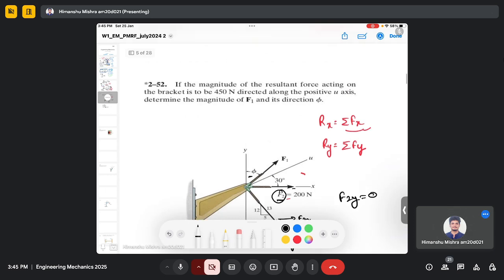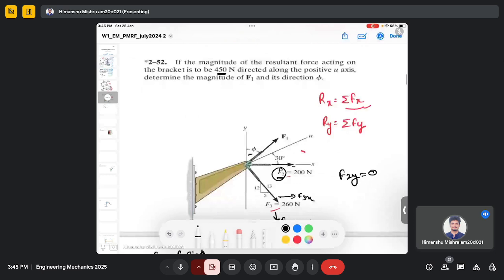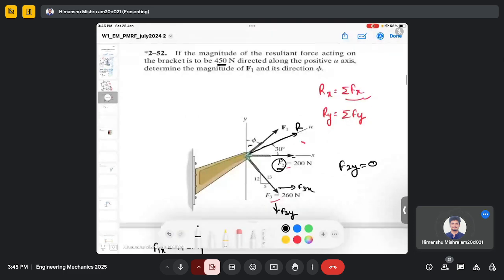It is said in the question that the magnitude of the resultant force is 450 along the positive u axis. So this is my R, which is the resultant force. It's along the u axis, right? So what will be my Rx? What is the component of the resultant force in the x direction?